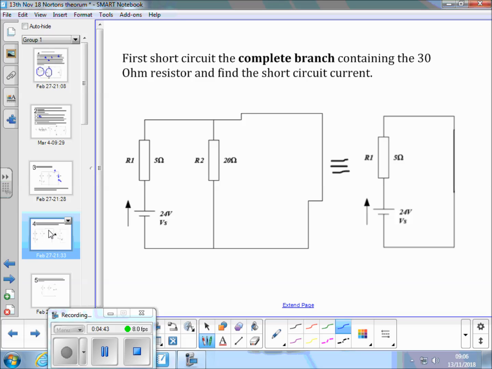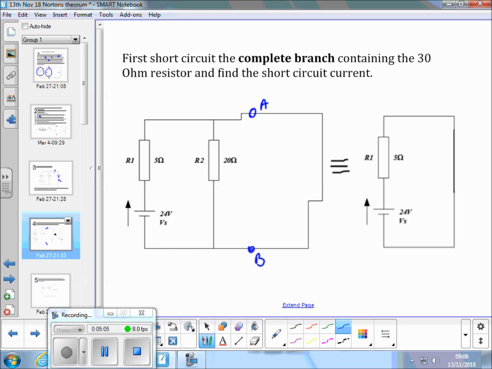Okay, effectively, we've got two terminals here, A and B, and we've put a short circuit. Now, because the 20 ohm resistor is short circuited, we can say that that circuit is equivalent to the one on the right.